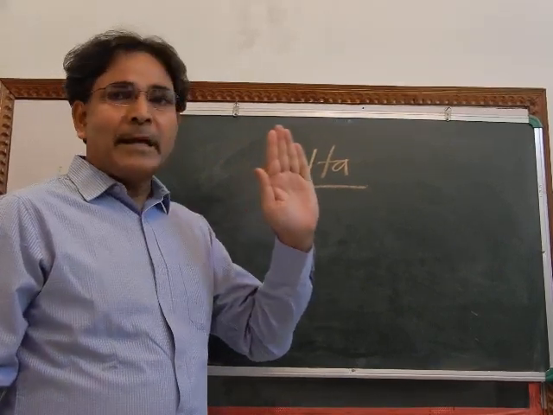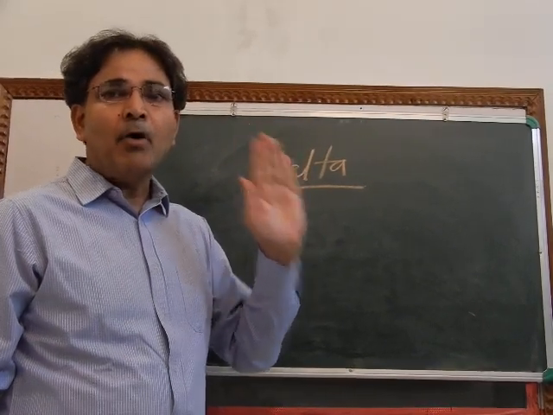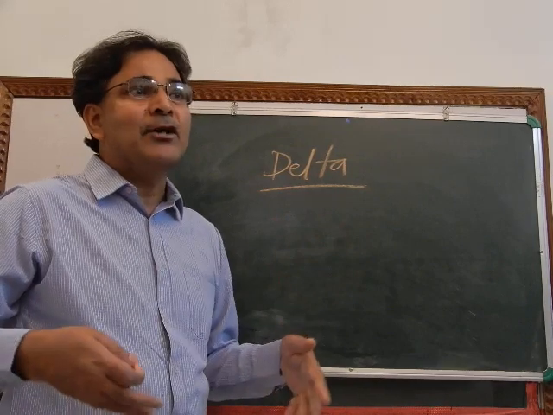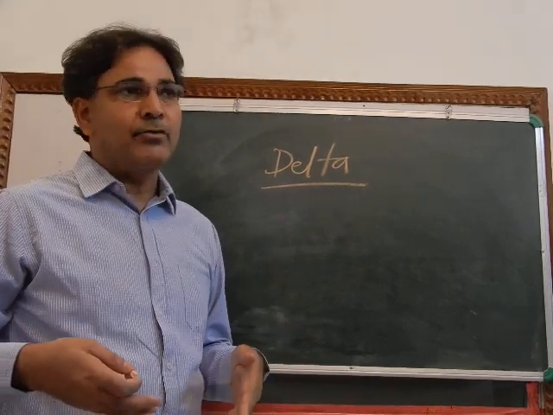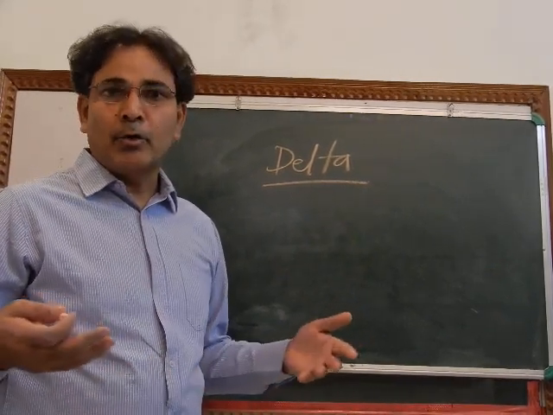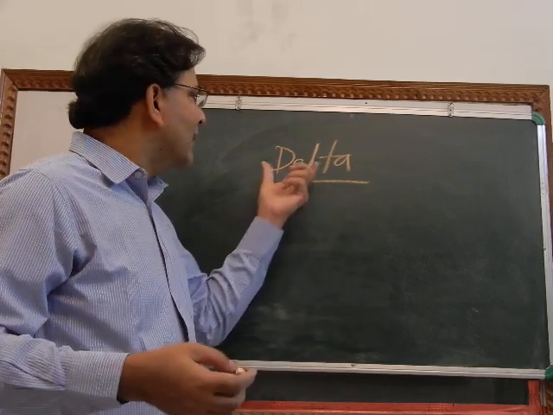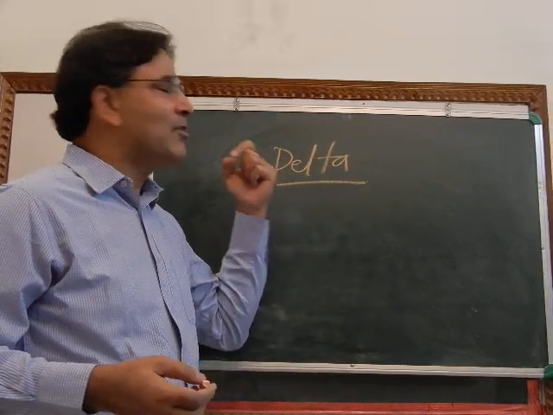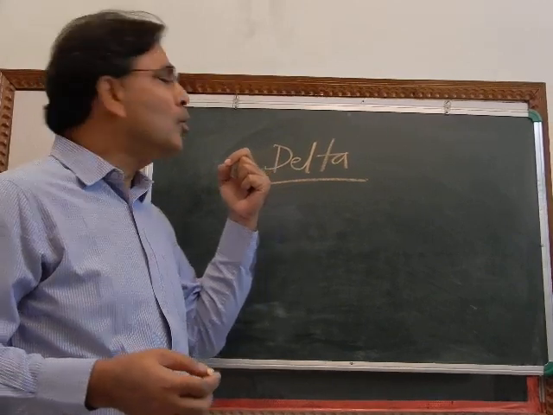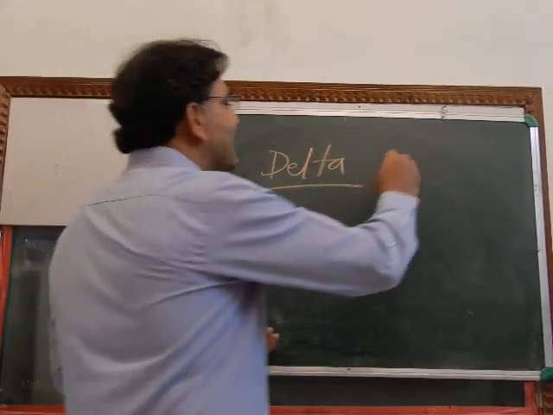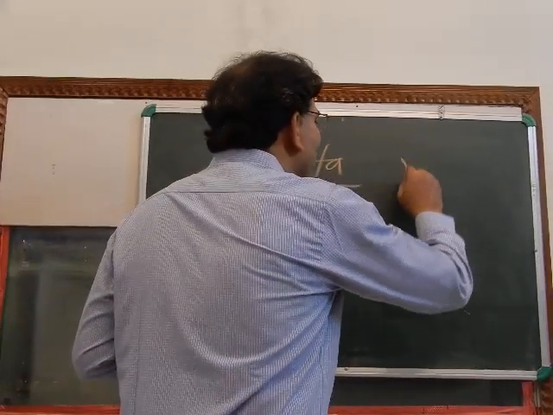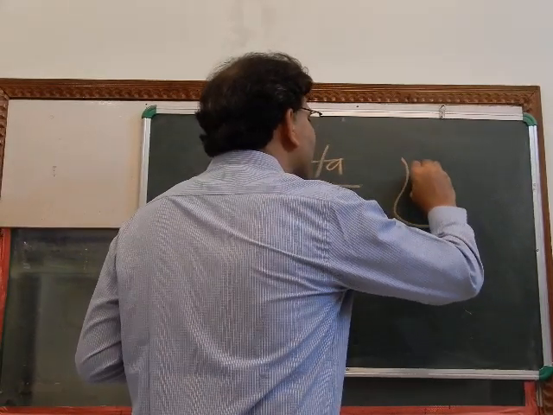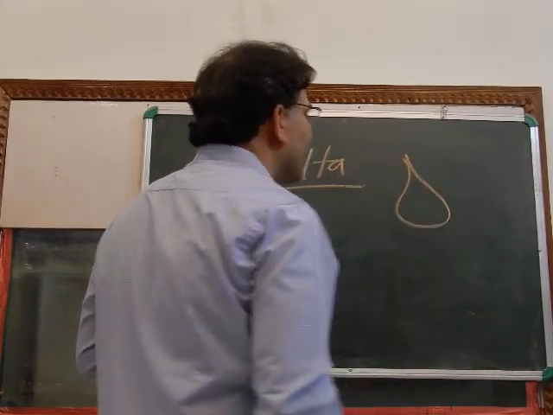A delta is formed by a river at its mouth, where it drains into standing water bodies, into a lake or into the ocean or the sea. The term was first used by the Greek philosopher Herodotus, who analyzed the delta formed by the Nile river at its mouth.